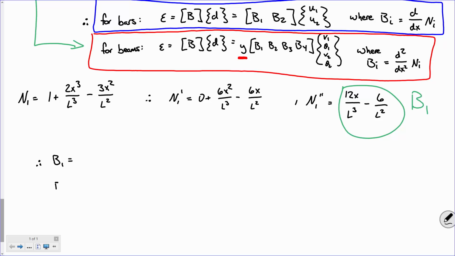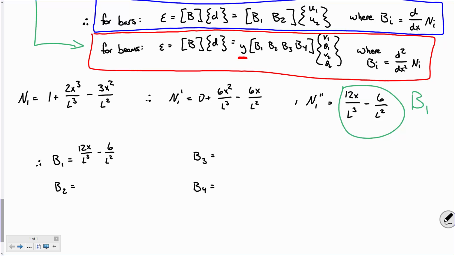All right. So B1 equals, B2 equals, B3 equals, B4 equals. Okay, let me write this out. B1 is 12x over L cubed minus 6 over L squared.